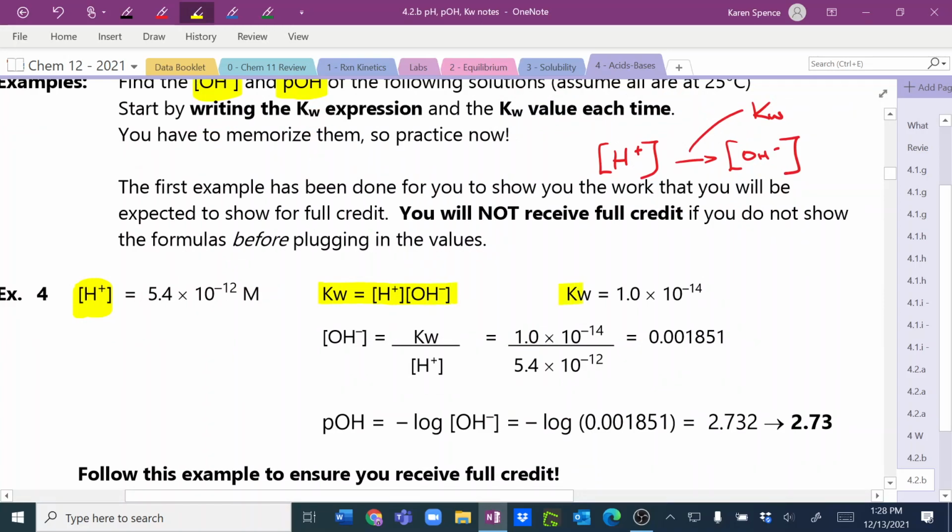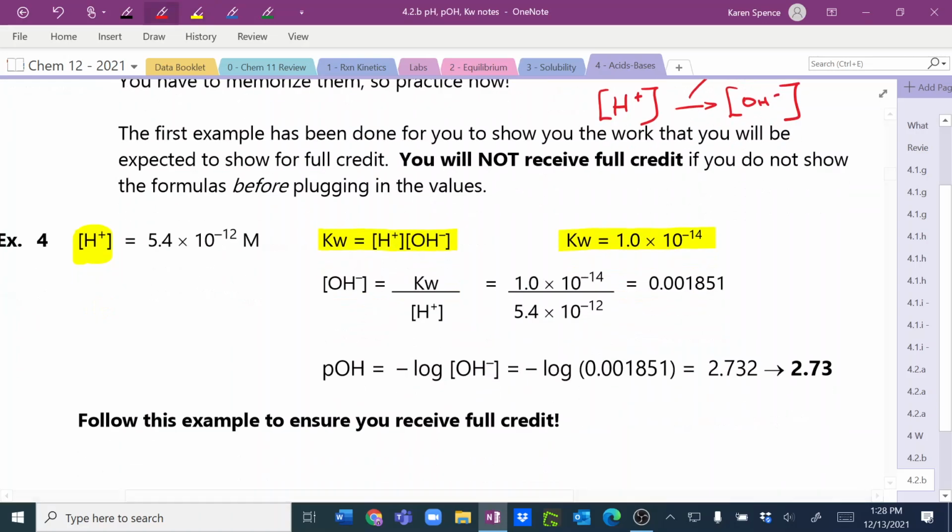And we know that it is 1 times 10 to the negative 14. You don't necessarily need to write down this first line. What you would need to write down is this part here, where you have rearranged it to solve for OH. If it helps you to write it down and then solve for it, that's fine, but you don't have to. And you don't have to write this down separately. You can just plug that in, but if it helps you to write it down, please do.